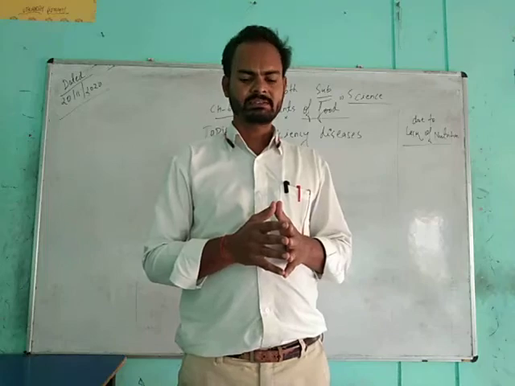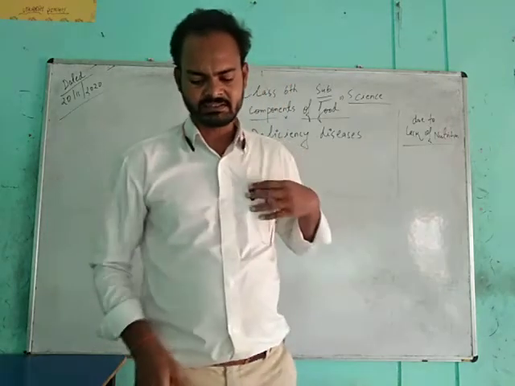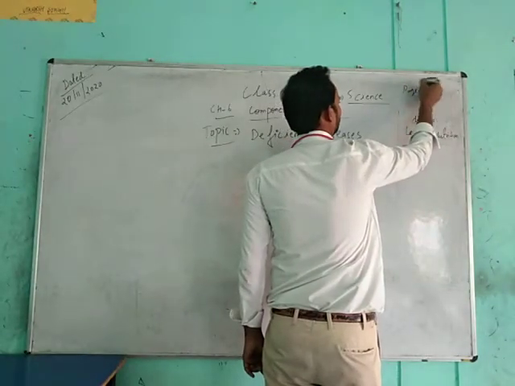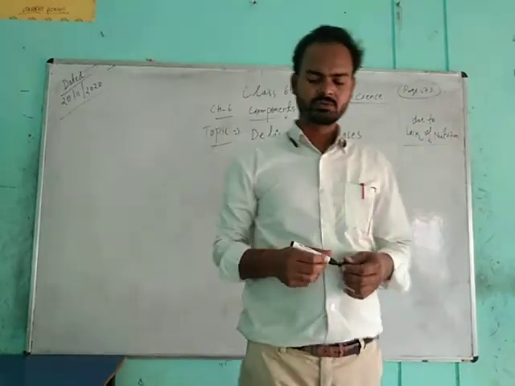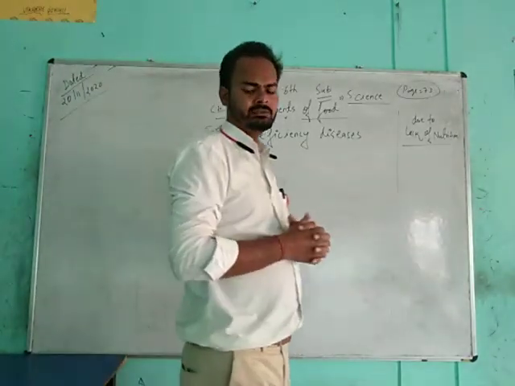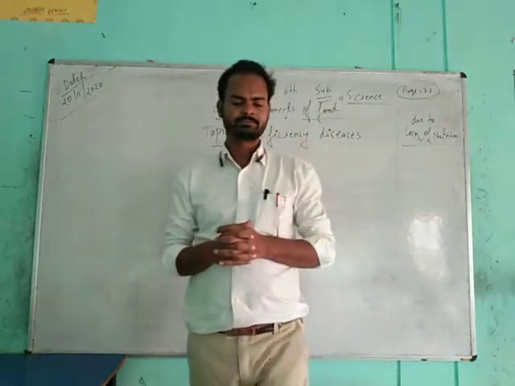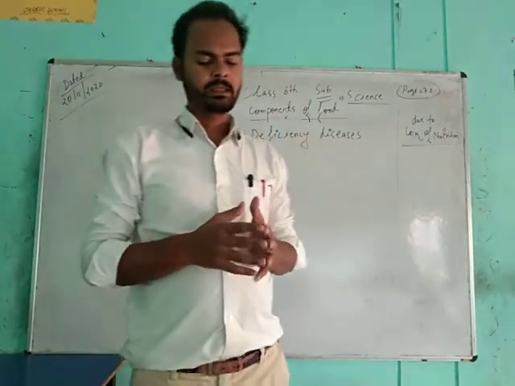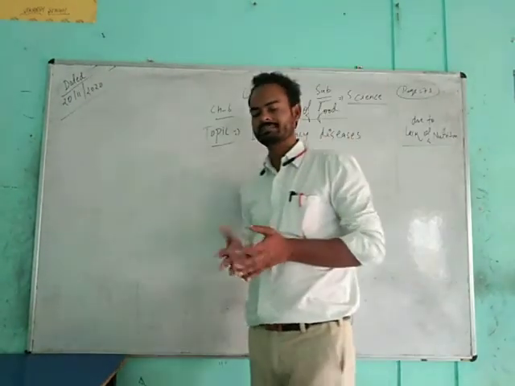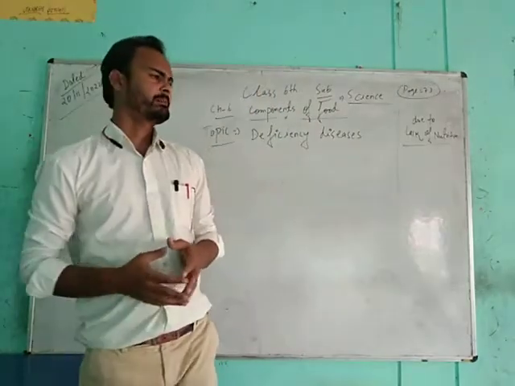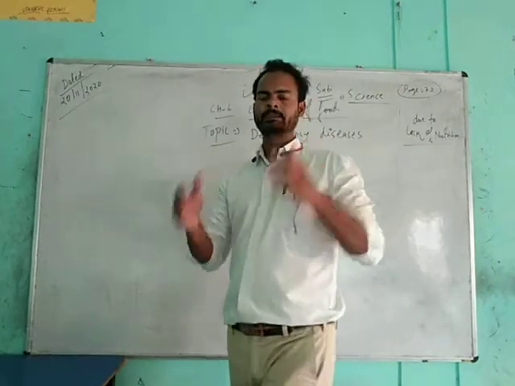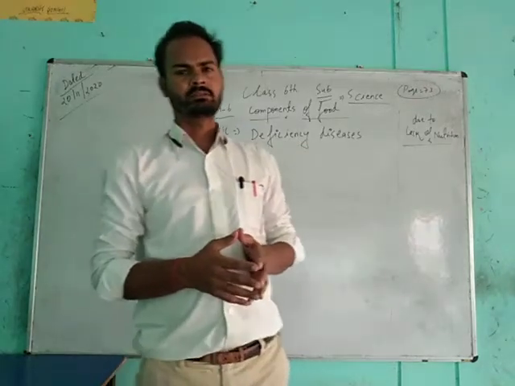In today's video, we are going to discuss table 6.2, deficiency diseases, on page number 73 of your course book. Students, in this table the names of deficiency diseases are given, and the reasons behind them, meaning by the lack and shortage of which nutrient these diseases occur.